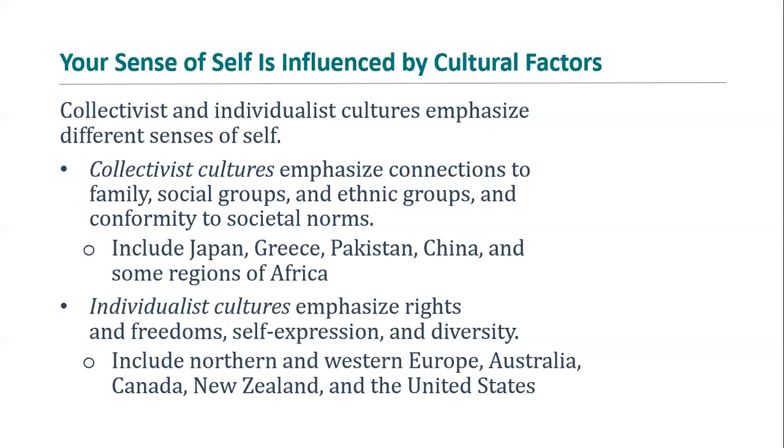In individualistic cultures, the most important elements of a person's sense of self tend to reside within that person. So when we're talking about individualistic cultures, we tend to focus on ourselves and what's best for ourselves, versus collectivist cultures, which tend to focus on what's best for the group.